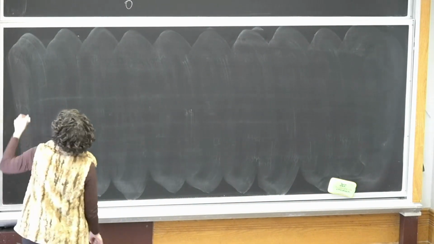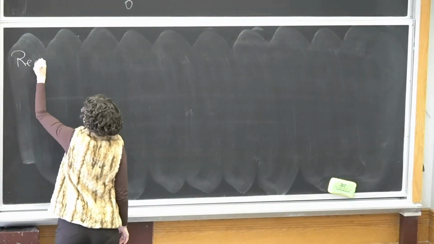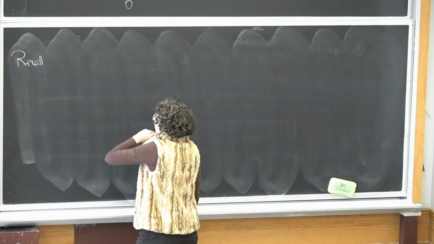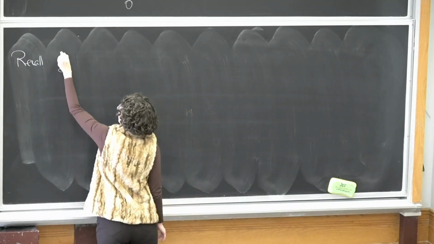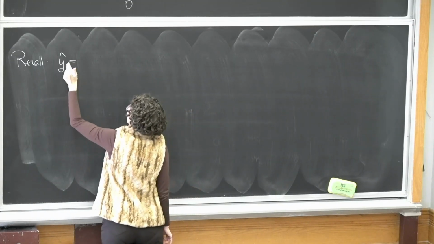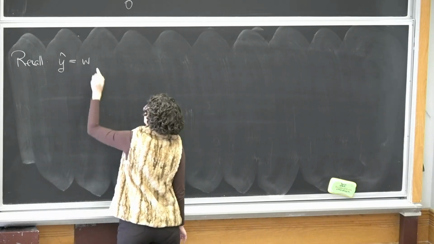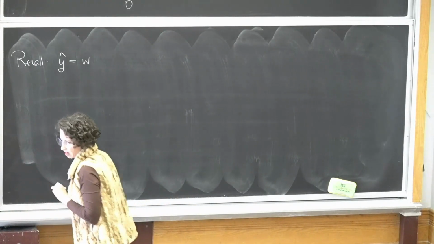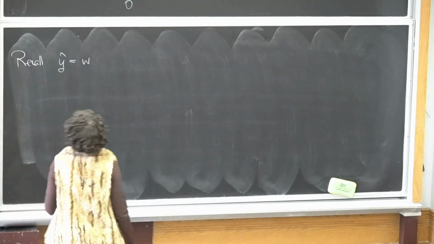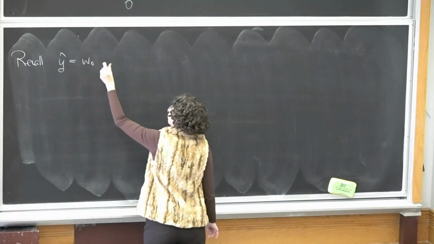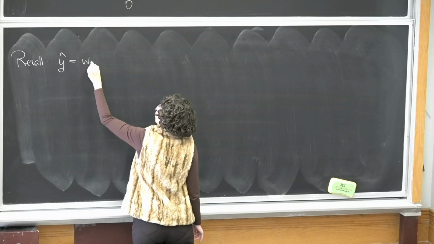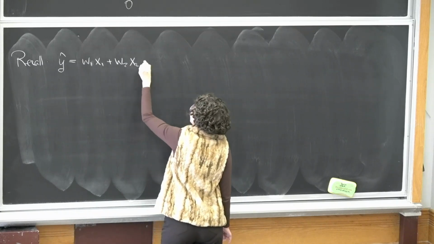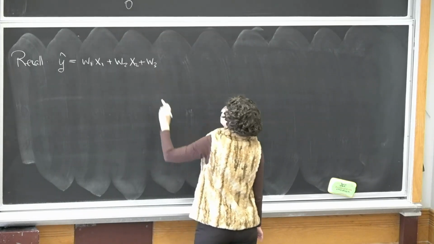So recall that what we've been working with is predictors of the form y hat is equal to just a weighted sum of my features. So in my toy example here, let's just say I've got 2 features. So my y hat might be some w1 x1 plus w2 x2 plus w3.